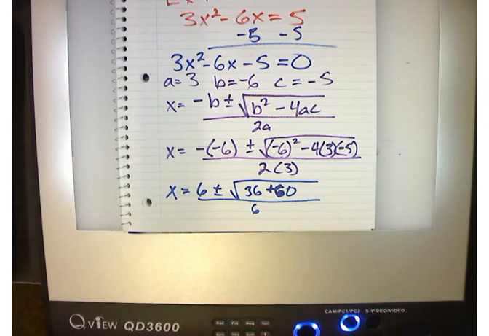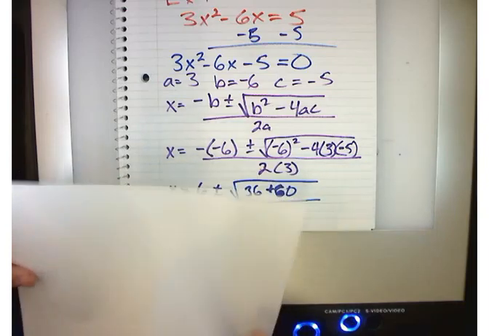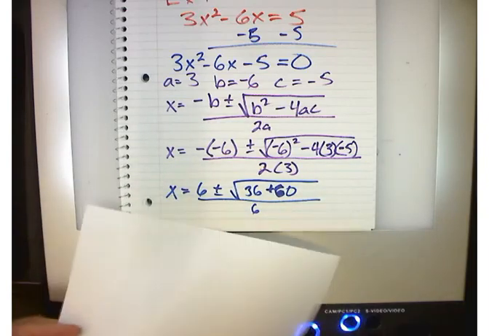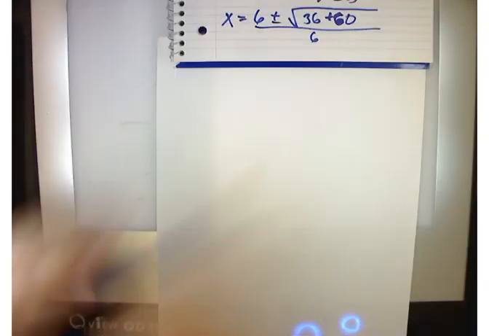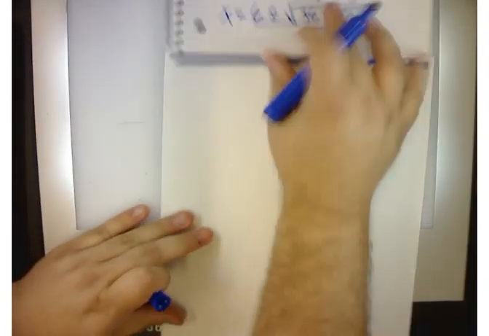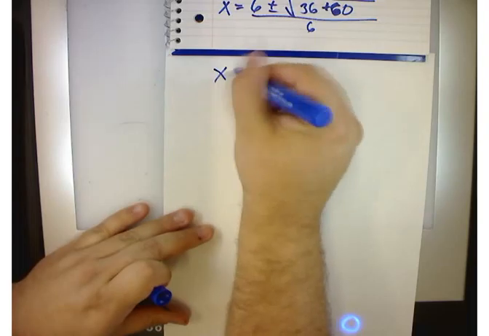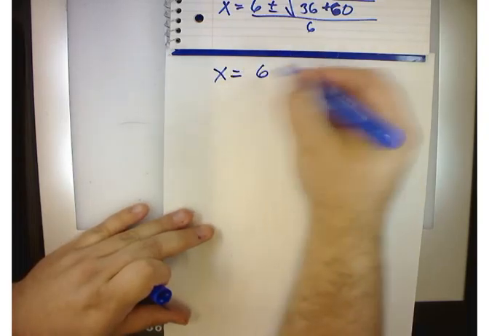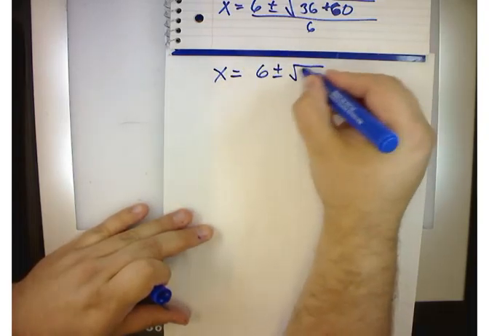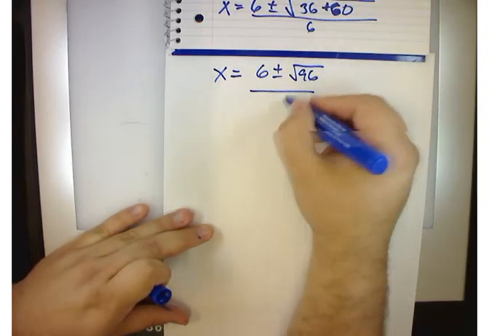But the problem is if you don't enter it in the calculator correctly, you could get the wrong answer. I guess that's the same too if when we go to simplify this, we could make it the wrong answer. So in the next line I'll do it one step at a time. I'll say x is equal to 6 plus or minus the square root of 96 all over 6.